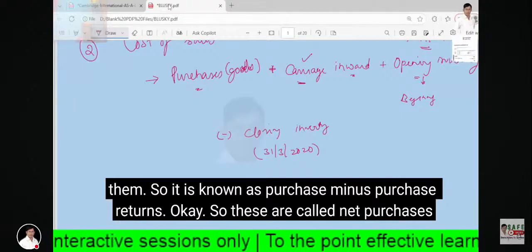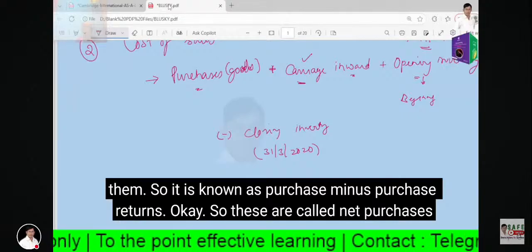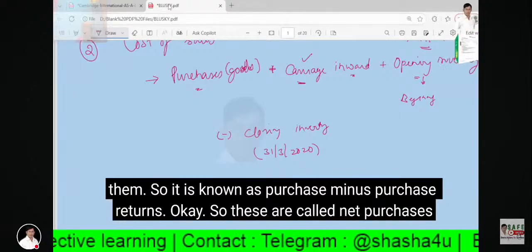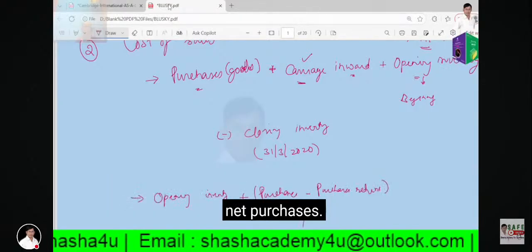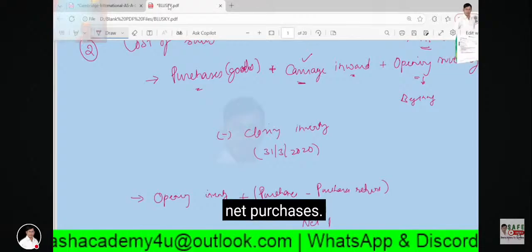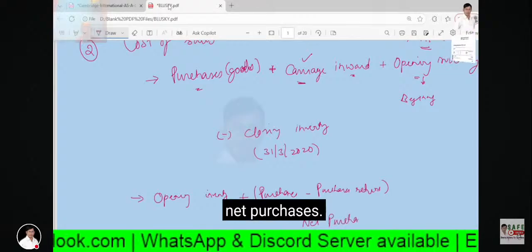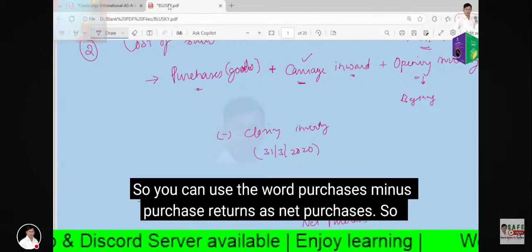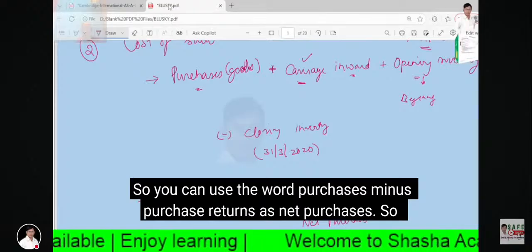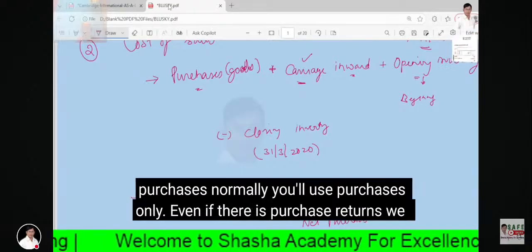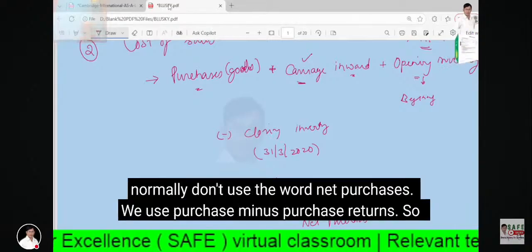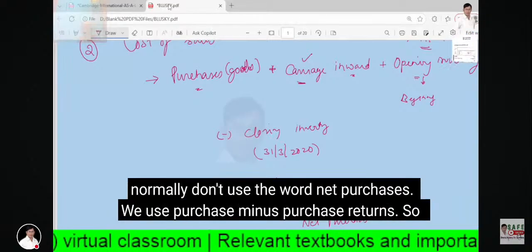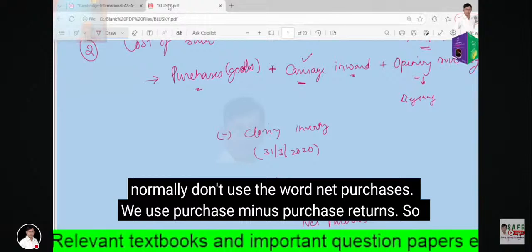So it is purchases minus purchase returns, which are called net purchases. Normally we don't use the word net purchases; we use purchases minus purchase returns.